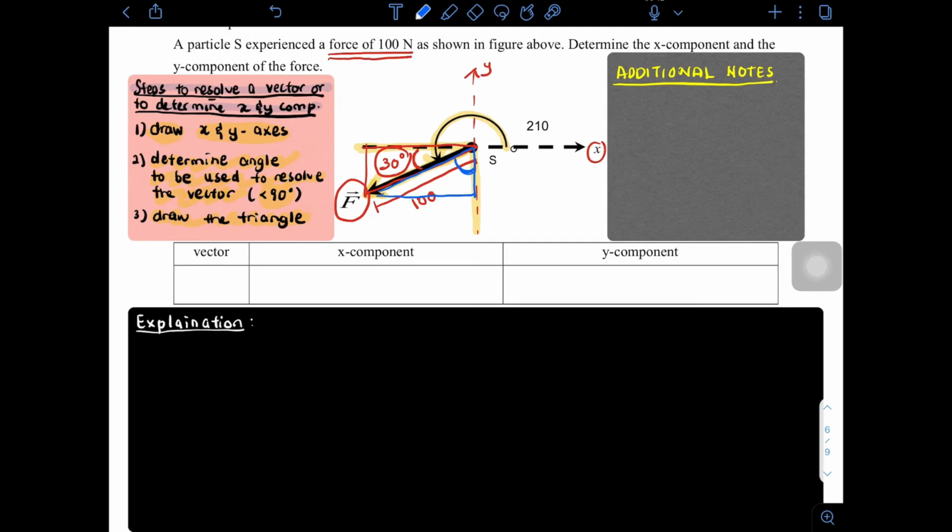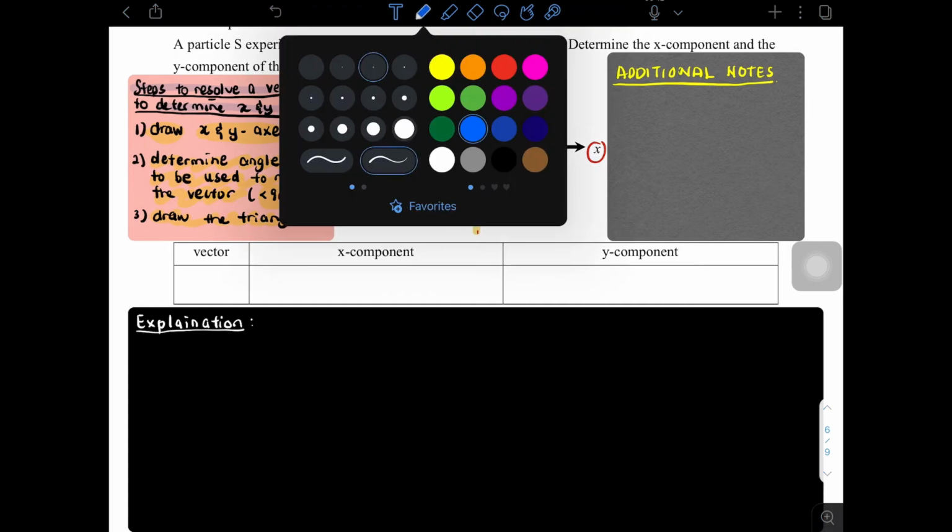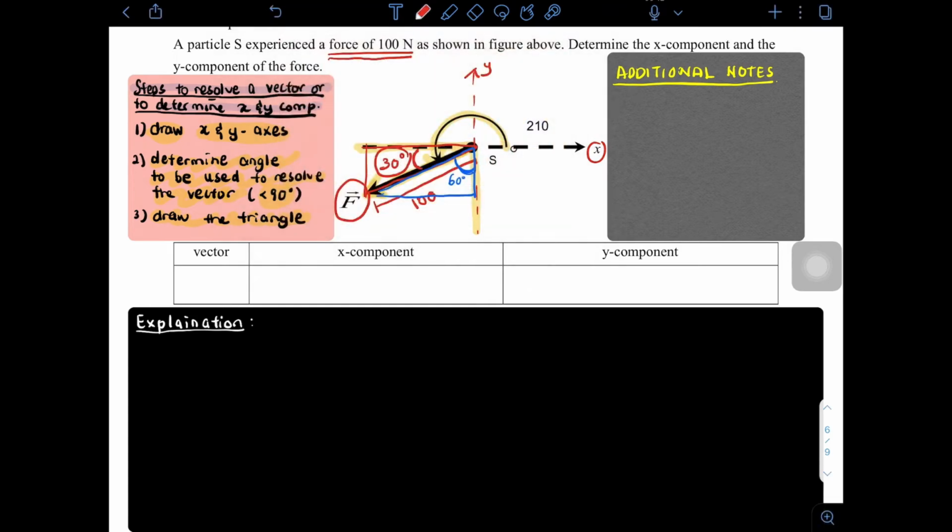If you want to use the blue triangle, you need to use the other angle, but I will choose the red triangle. So let's draw the red triangle. Here is my 30 degrees, and here I know it is 100.